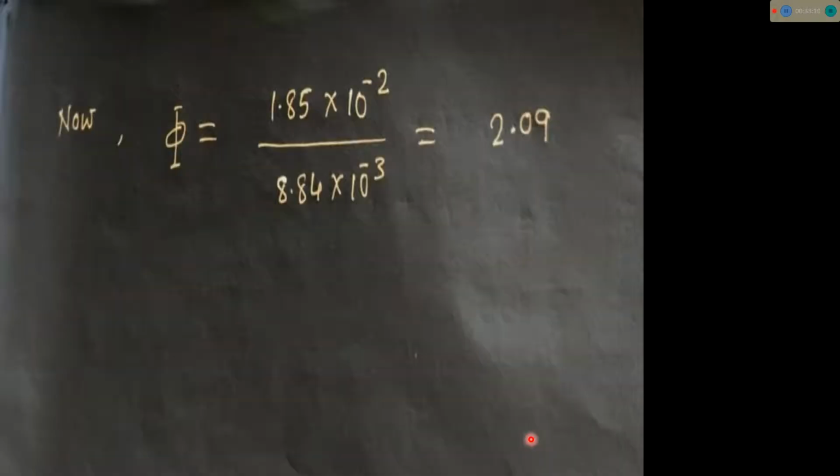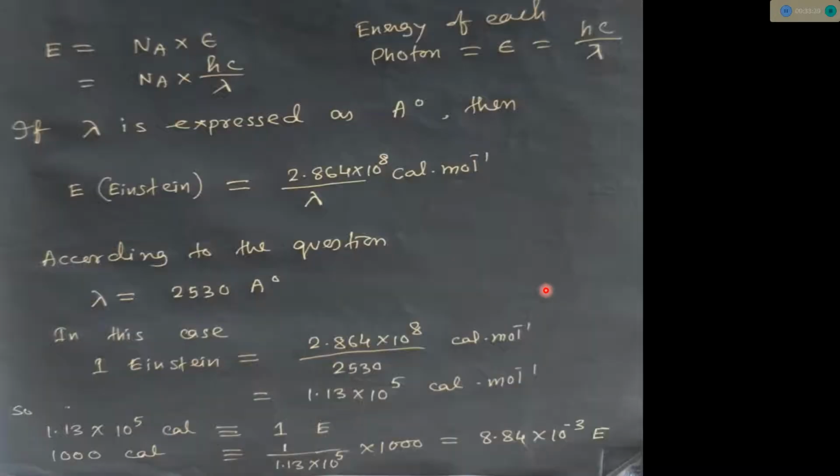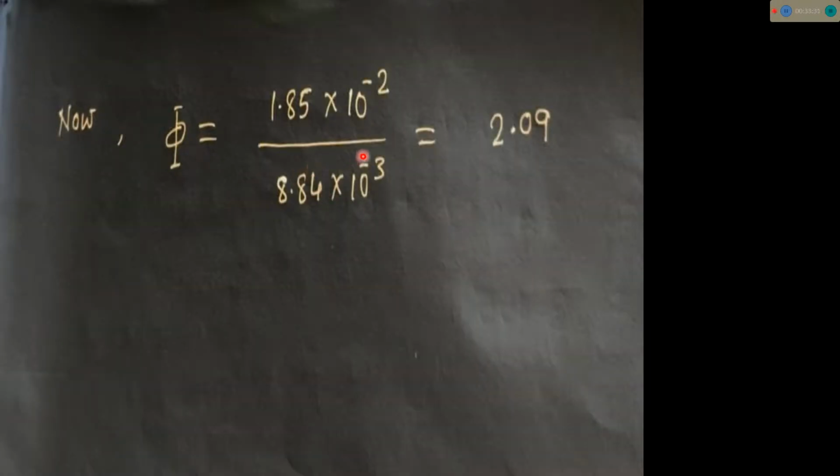Now the quantum yield or quantum efficiency becomes 1.85 into 10 to the power minus 2, which is the number of moles of HI decomposed, or the number of product formed, or the number of HI reacted, upon the number of Einstein absorbed.